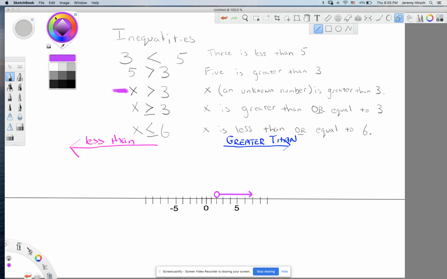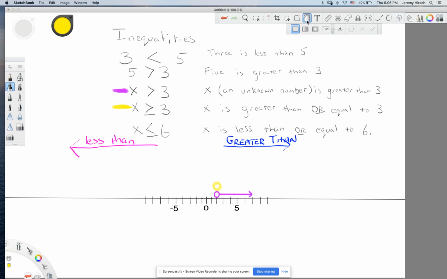Now, let's get another one. X is greater than or equal to 3. So at this point, the difference with this one, when you see the equal sign, is that you must have a shaded in circle. So let's shade this circle in.